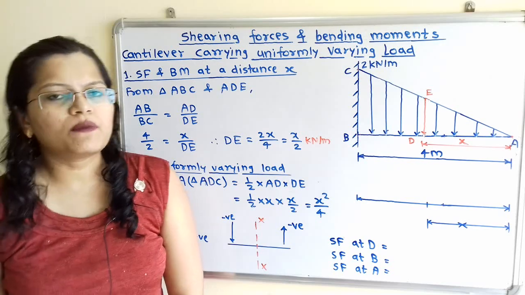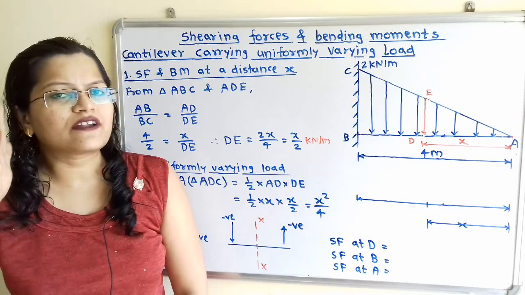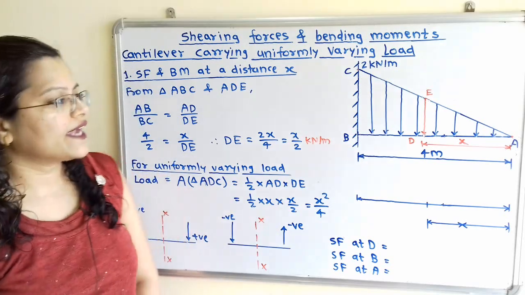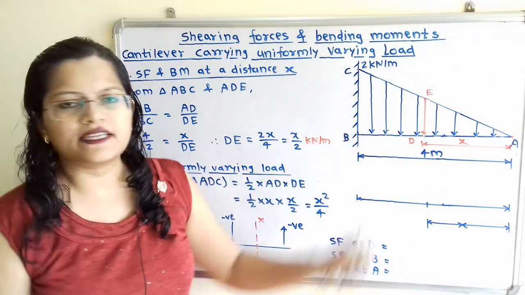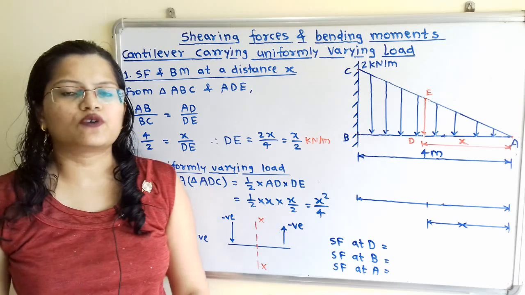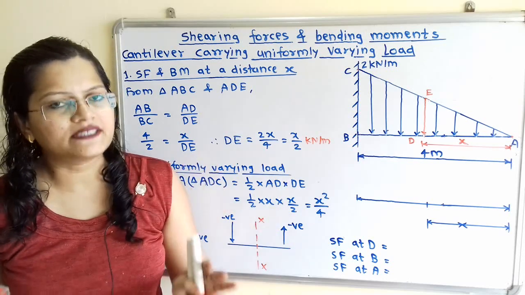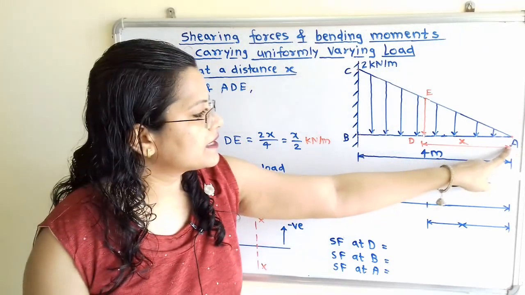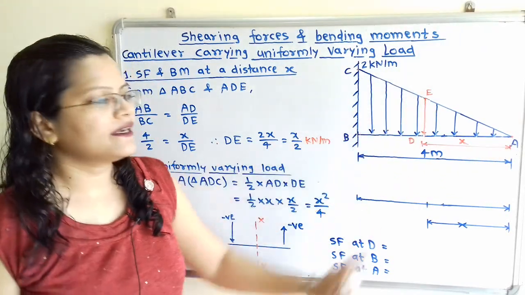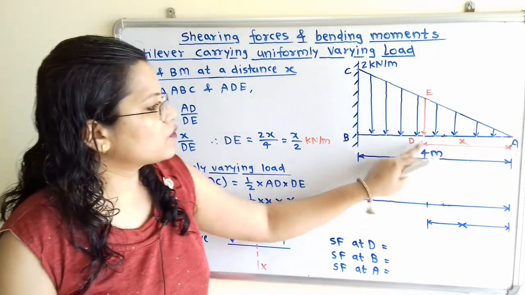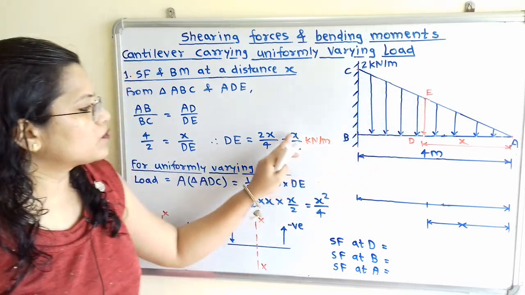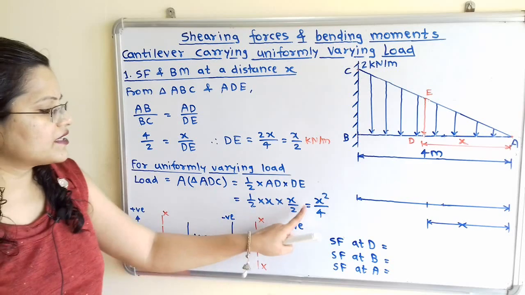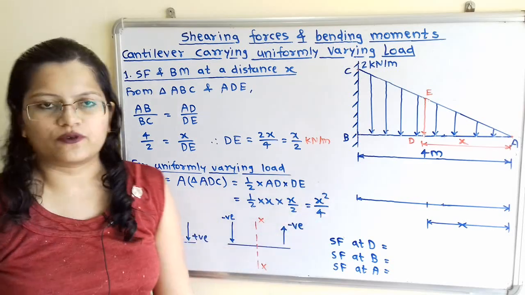So for uniformly varying load, how to calculate the total load? So this total load is equal to area of triangle ADE, and this area is equal to half multiplied by base multiplied by height. So we will write here half multiplied by AD multiplied by DE. So AD is equal to x and this DE is equal to x by 2 kN per meter. So when we simplify this, we will get x square by 4.